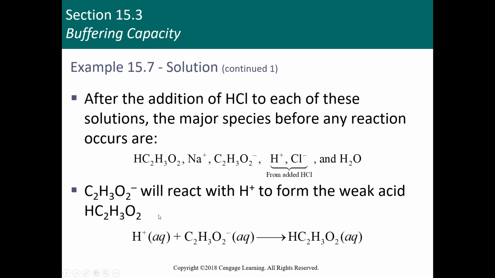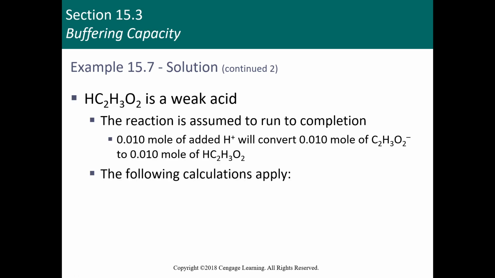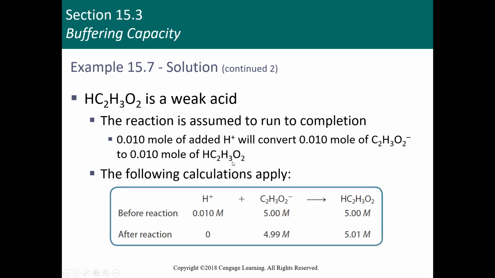And so what we do is we just do a straight up stoichiometry problem here. So our 0.01 moles of added H+ is going to convert 0.01 moles of the acetate anion into 0.01 moles of the acetic acid. And so this is just a tabulated form showing you the stoichiometry.